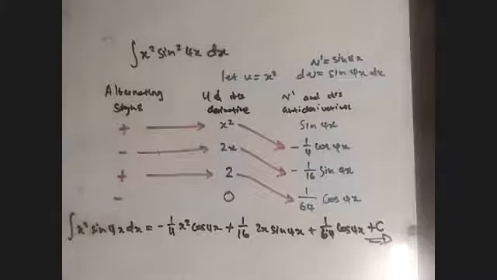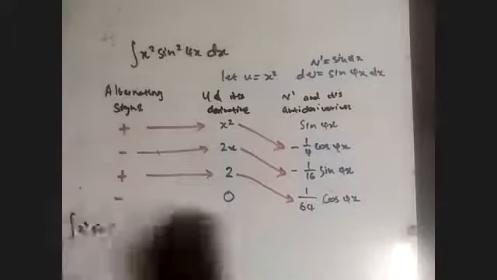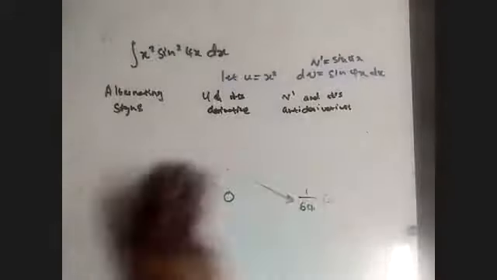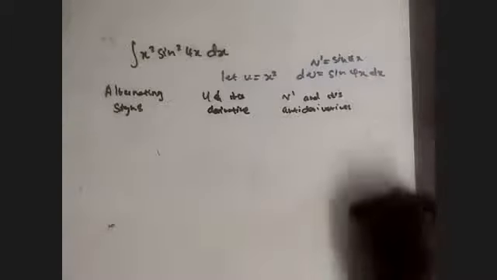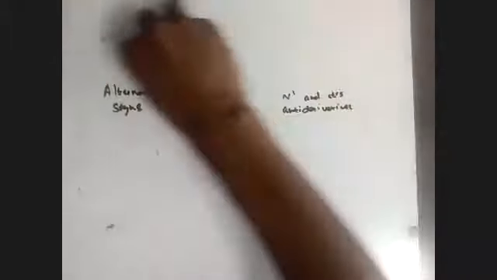Maybe let me use one of the examples that we had. We're going to be using the tabular method from now on. Guys, please give me one of the examples that you did in the previous video, or even in the previous session.